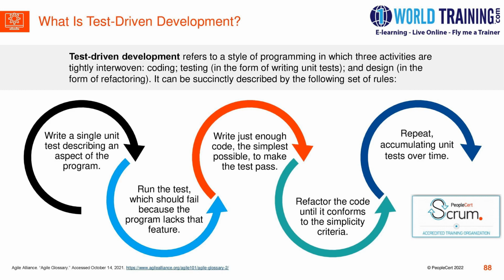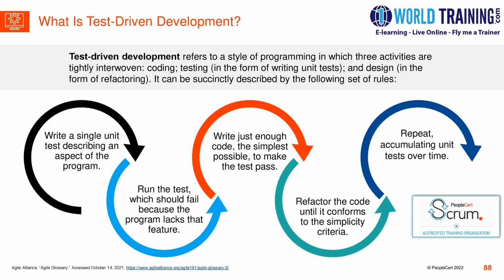Coding is the first thing we start doing, but as a part of test-driven development, we focus first on writing unit tests. Similarly, in the design phase, we always try to look at how we can refactor the existing code to best fit the requirements.